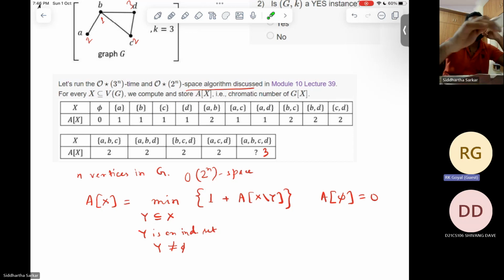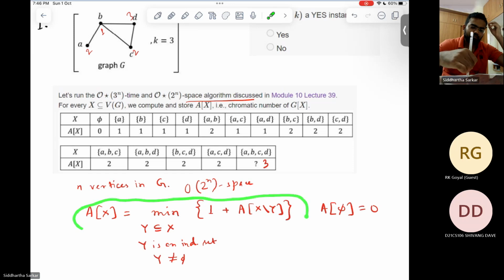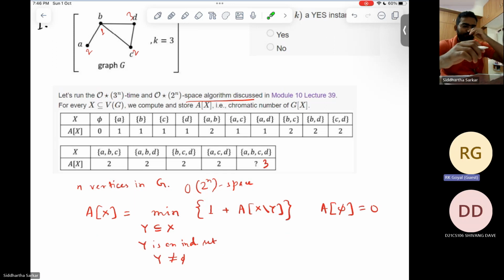Is there an easy way to show that its time complexity would be of the order of 3 raised to the power n? Yes, there is. But do you believe the recurrence? Yes, this seems okay to me. Initially we find the value of, say, A1, so X comprises only one element.